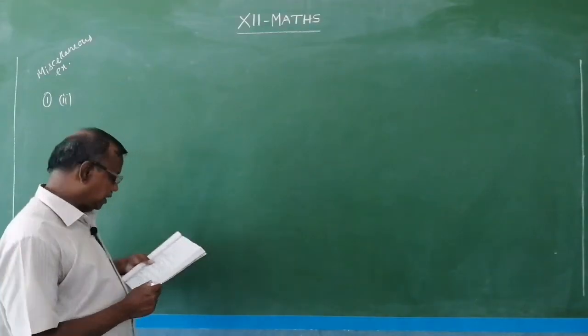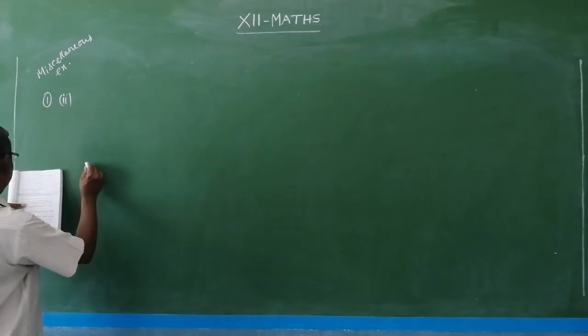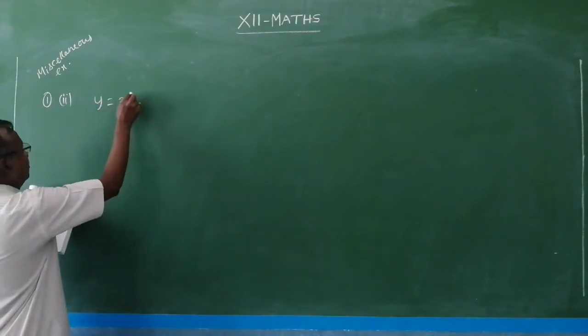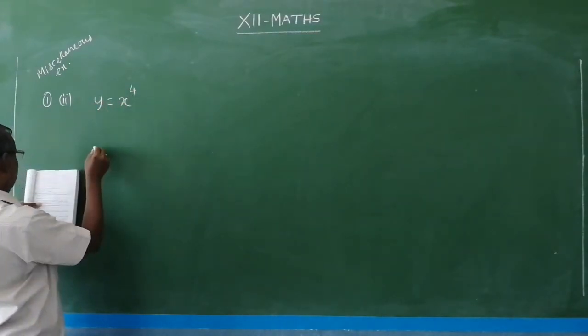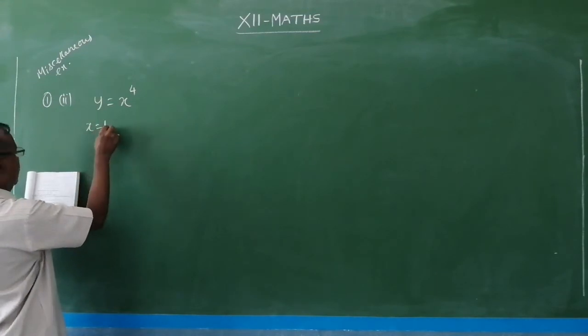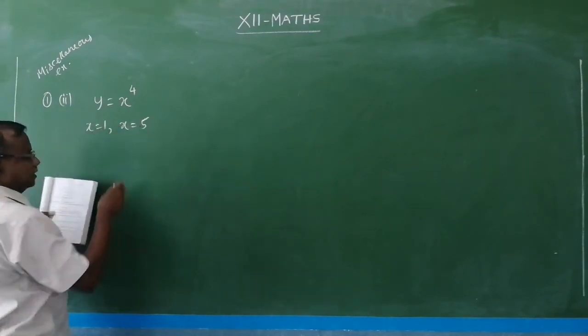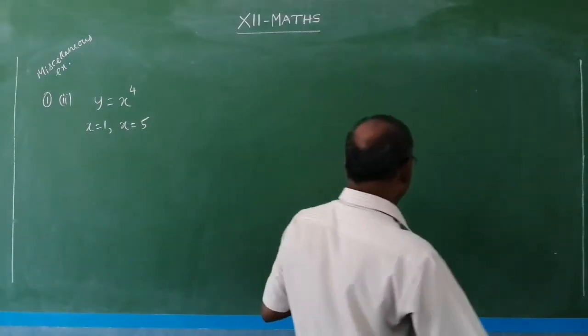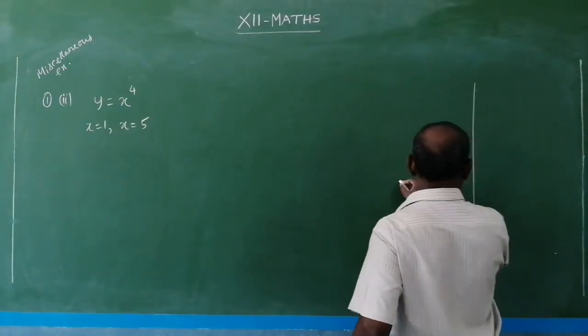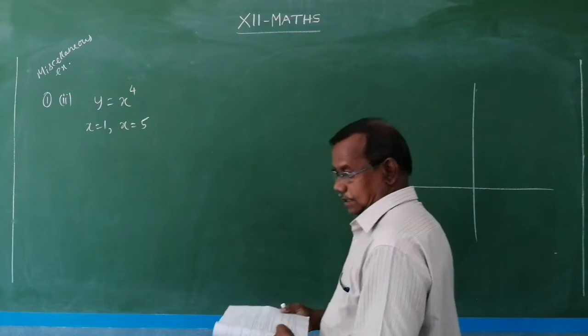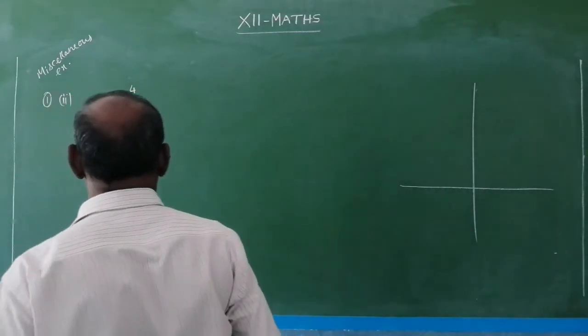Now the second subdivision in this problem. We are given y equal to x power 4 and the ordinates x equal to 1 and x equal to 5 and the x axis. We need the area of the region bounded by the curve, the x axis, x equal to 1 and x equal to 5.